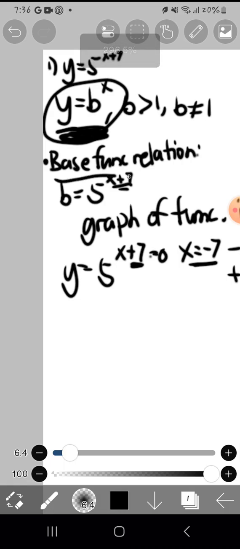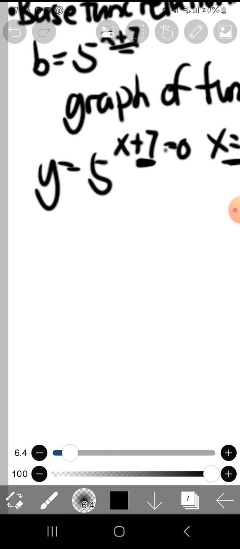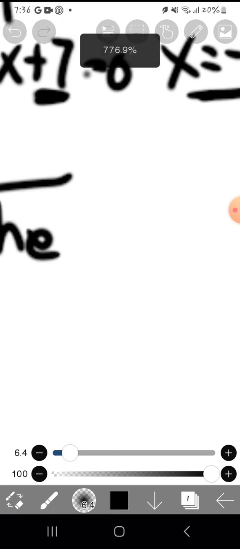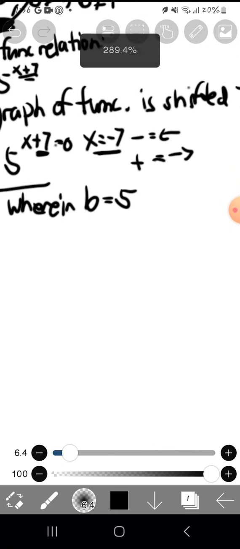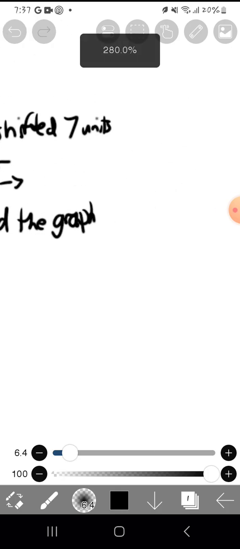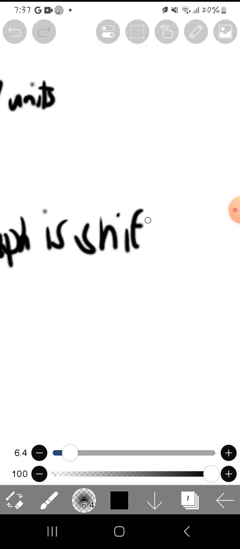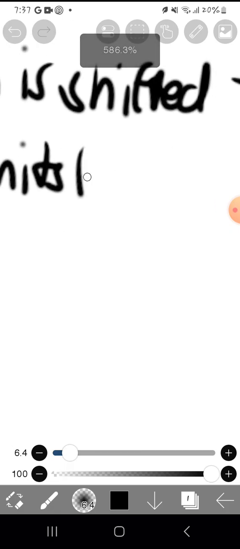Sa pag-relate ng function na y equals 5 raised to x plus 7 sa base function, we can say that b is equal to 5, and the graph is shifted 7 units to the left.